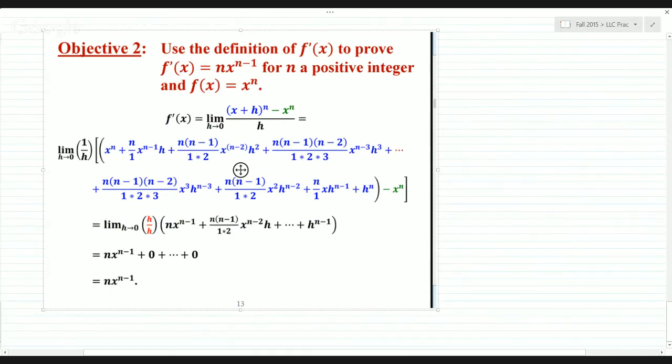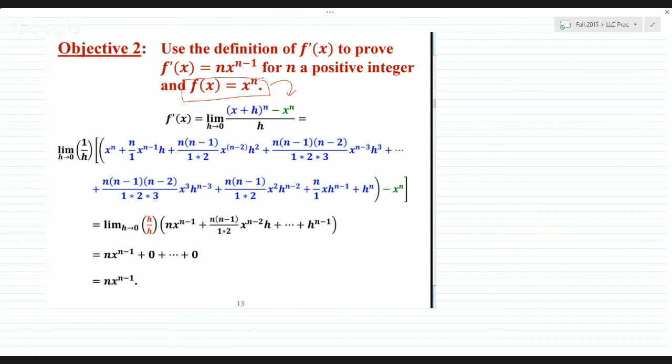Originally it's f of x, which is equal to x to the n. We use the definition of a derivative: x plus h to the nth power minus the original function, which is x to the n, all over h. We take out 1 over h because we don't want to write all of that over everything.